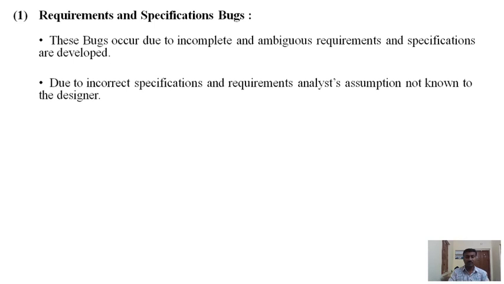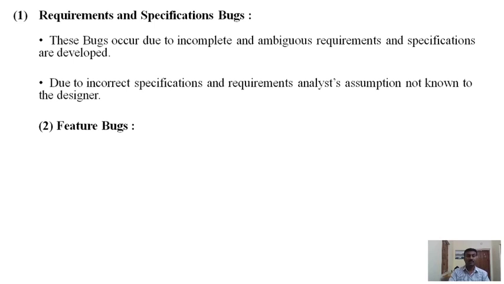Finally, the project may not succeed. Requirements and specification bugs are the most problematic bugs; if they are there, then all the succeeding stages also fail. So this is the concept of requirements and specification bugs.